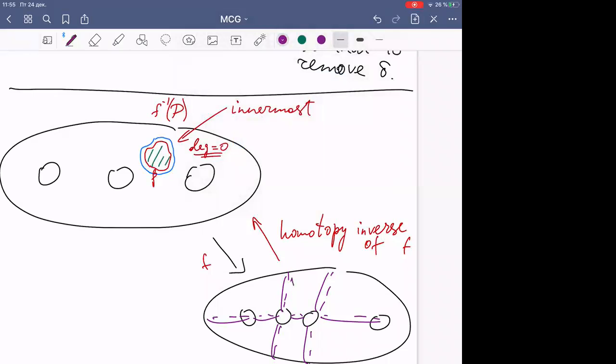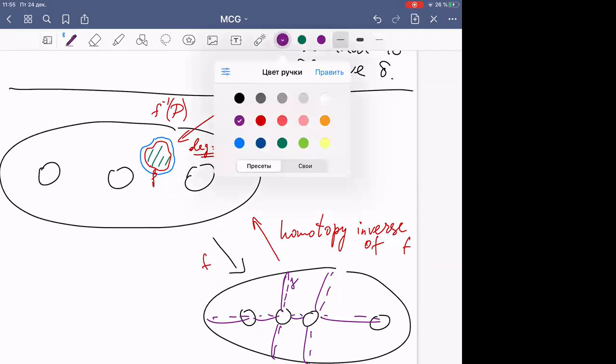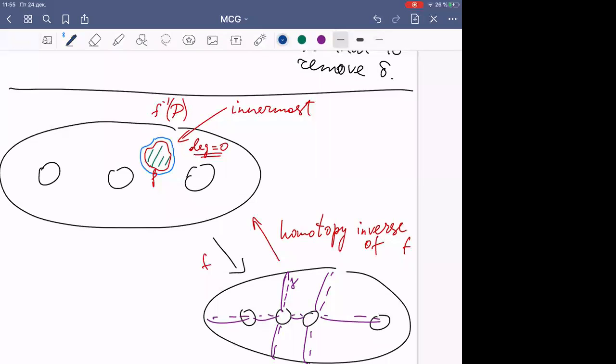So beta maps to this particular gamma, and if beta maps to gamma, then some neighborhood of beta maps to a neighborhood of gamma. So we have here some neighborhood, which is just a cylinder, and our neighborhood of beta is mapped to this cylinder.